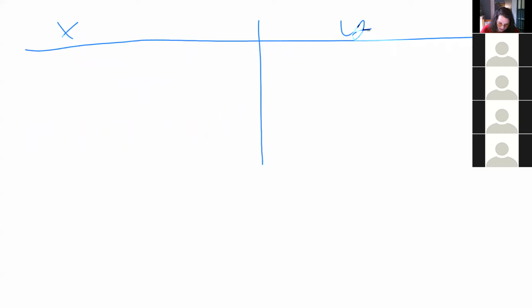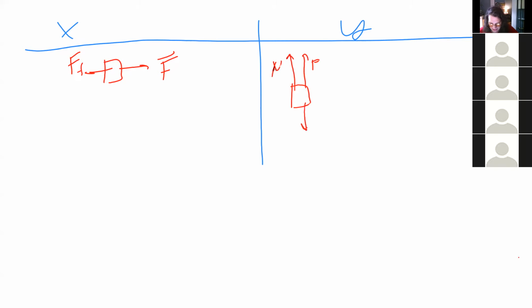So let's draw a diagram that is only concerned with that applied force to the right and the frictional force to the left. And similarly, on the y side, we can sketch only our y forces, just so we can get an idea of how these two dimensions are splitting up. So we have our normal force and our P force, that lifting force going upwards, and then we have a weight pulling us downward.